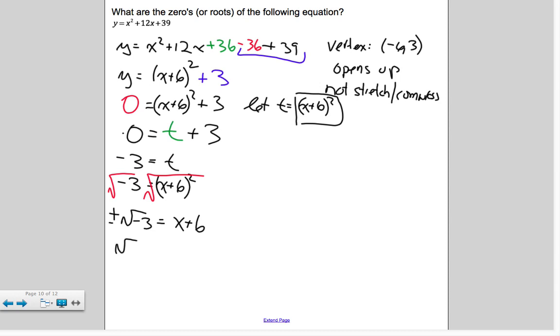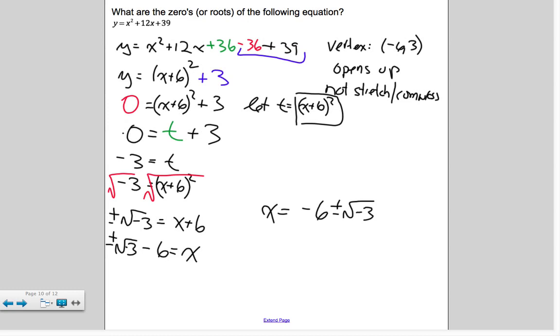Positive, negative square root of -3, minus 6 is equal to x. So our answer is x is equal to -6 plus or minus the square root of -3. Make sense?